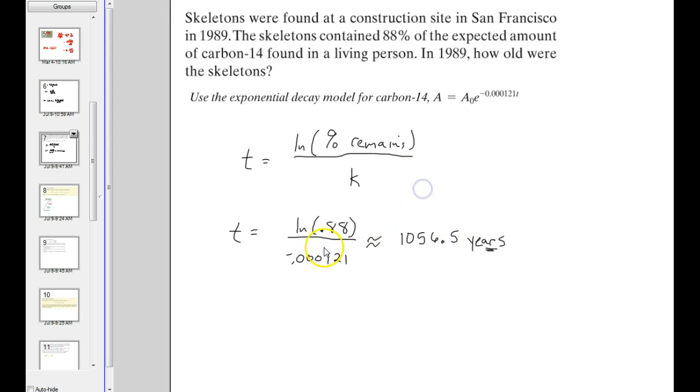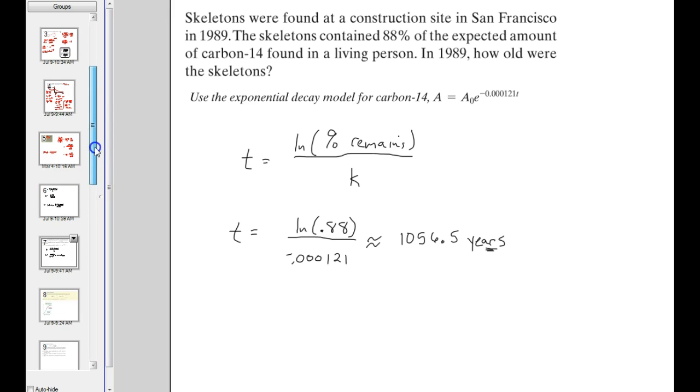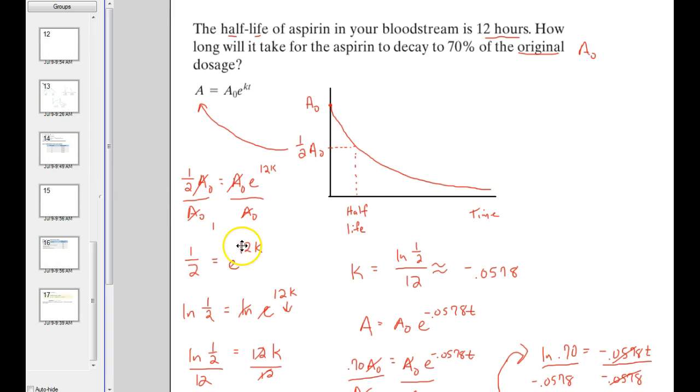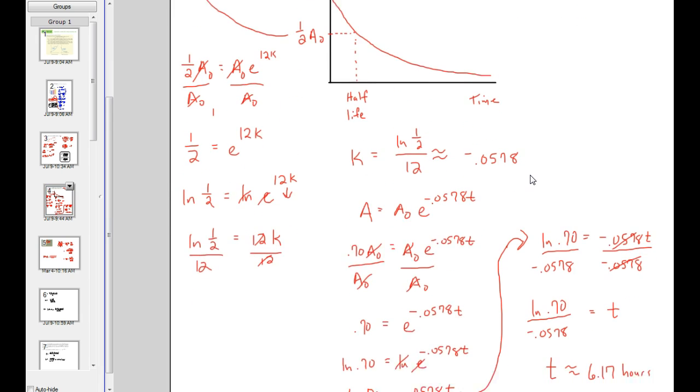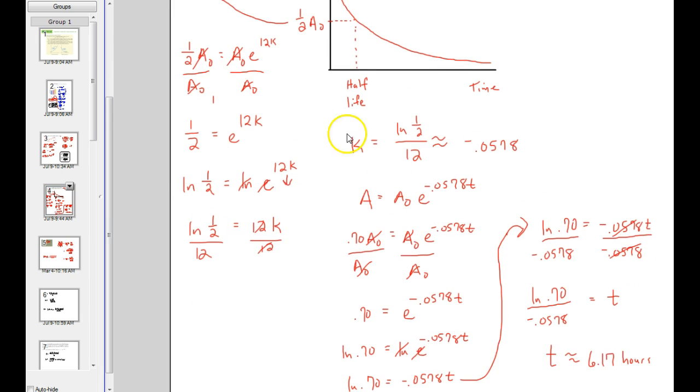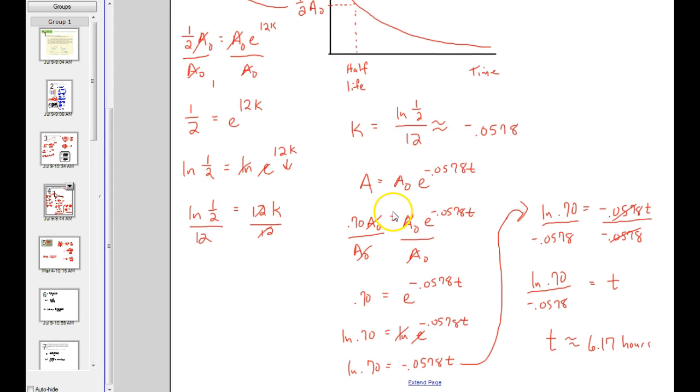But the point is, these formulas cut out a lot of work. You would have to do this type of stuff every single time that you solve these problems, but it's always the same thing. You plug in, you divide, you take a natural log, that gets rid of the e, you divide by the thing that's with the k or with the t in this case, and you always get this same type of setup for the work.